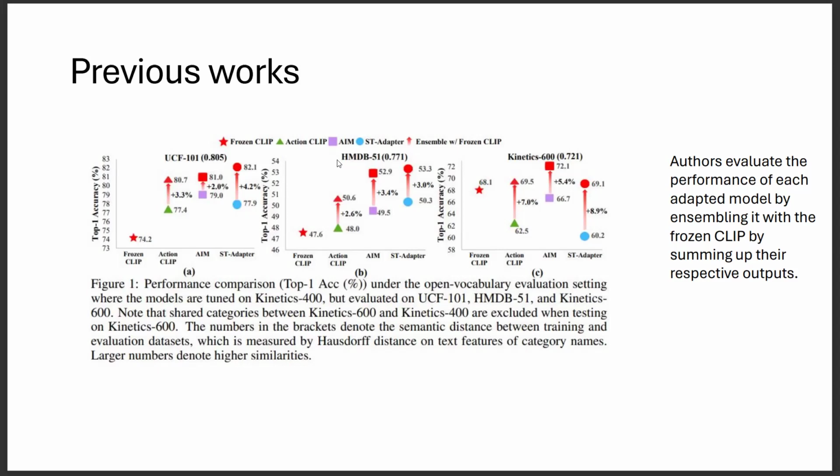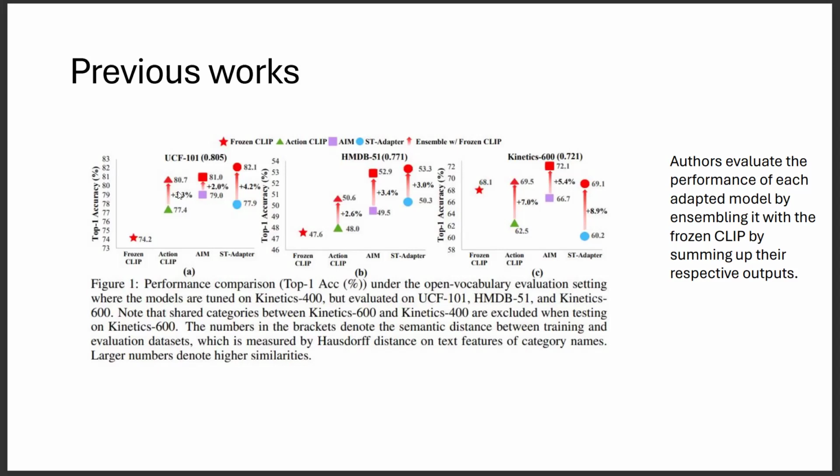But if they freeze CLIP and use an ensembled output of CLIP and the output of the ActionCLIP model, then the accuracy improves. What it means is that the pre-trained CLIP to begin with is much more generalizable than if we train it on a particular dataset. So the motivation came from there.